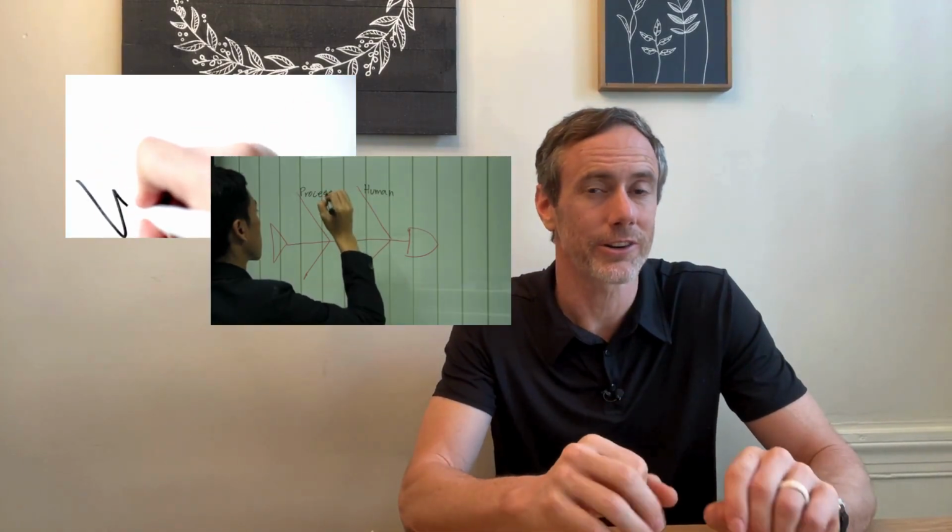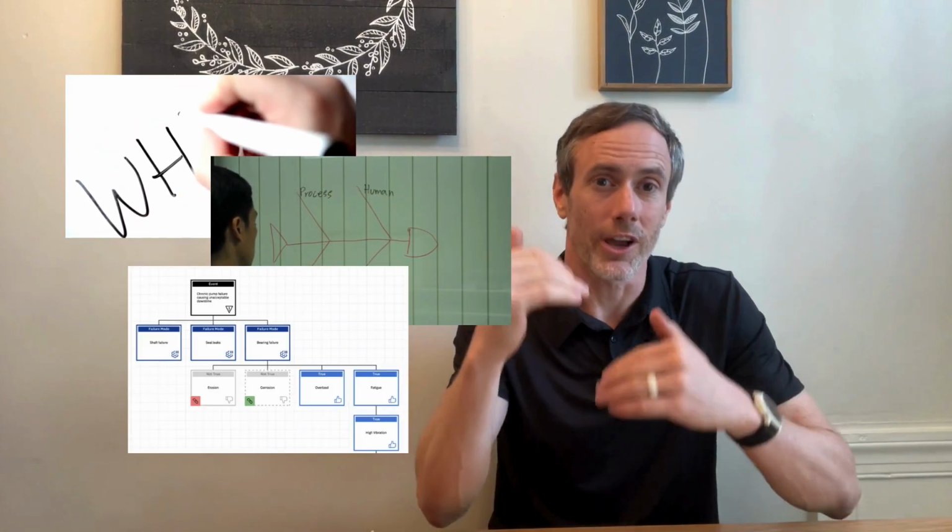Number 1, look, Excel has no built-in RCA methodology support. Now, what I mean by that is that Excel doesn't come with structured tools for RCA methods like the 5 Why or a fishbone diagram or ProAct or a logic tree.